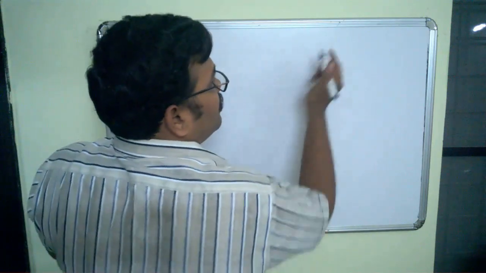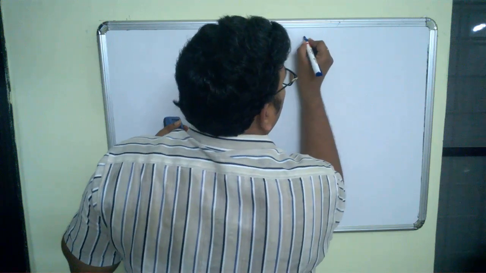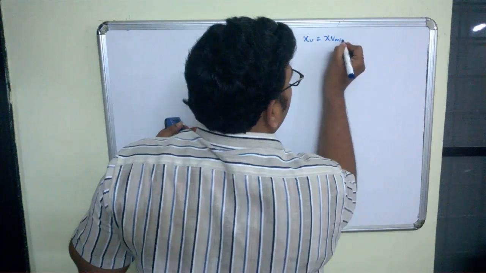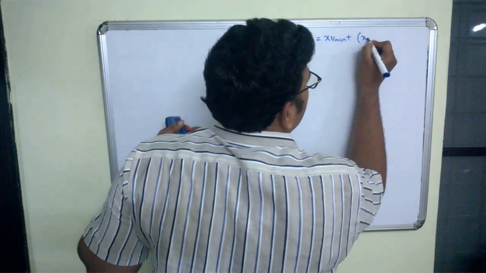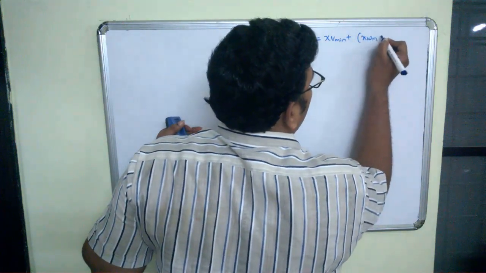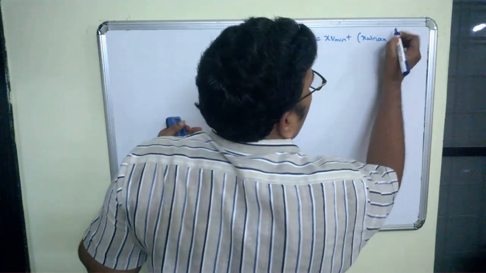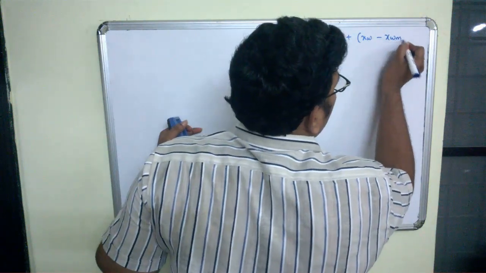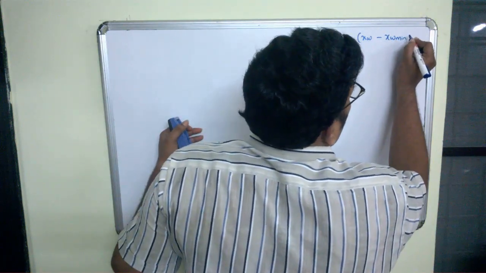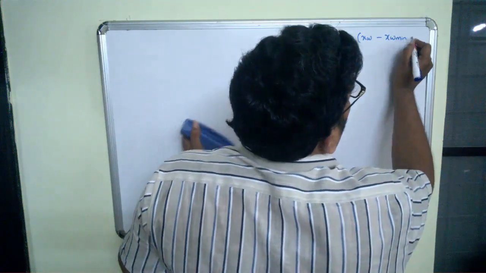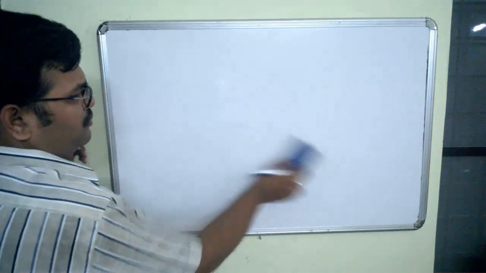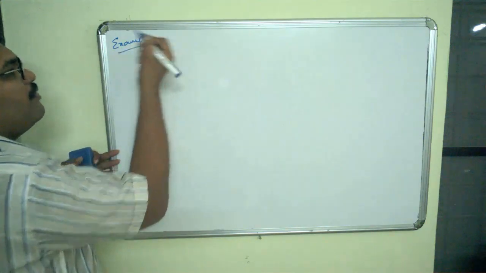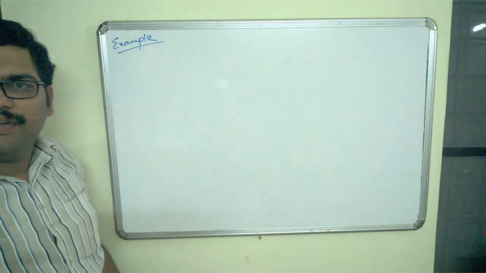We can write the formula here: XV is equal to XV minimum plus XW minus XW minimum. Right. Let us have an example. By simply solving an example you can easily identify that.